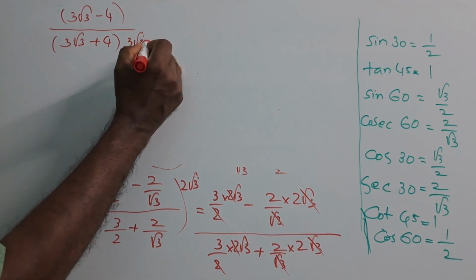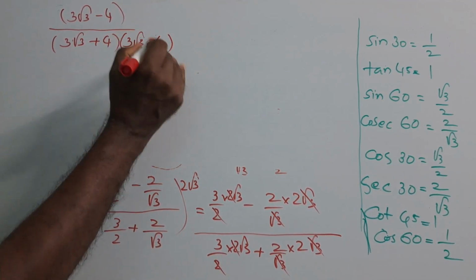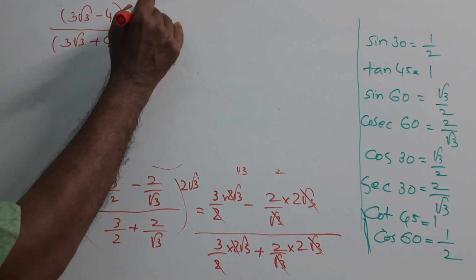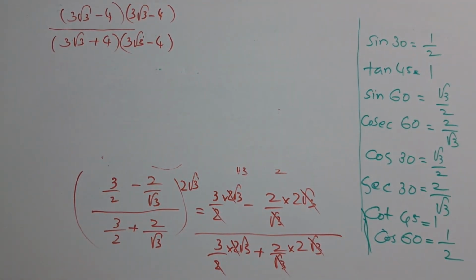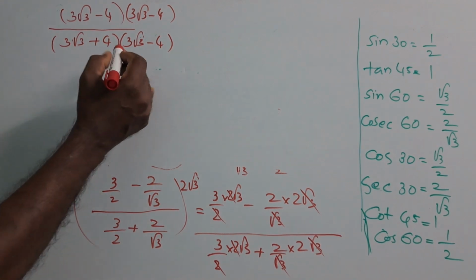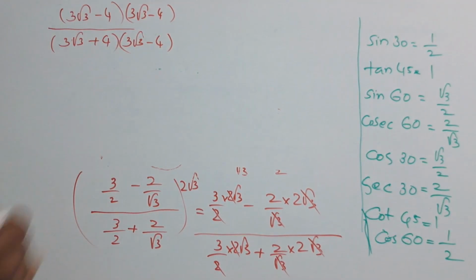Multiply both numerator and denominator by the rationalizing factor, here it is 3 root 3 minus 4.